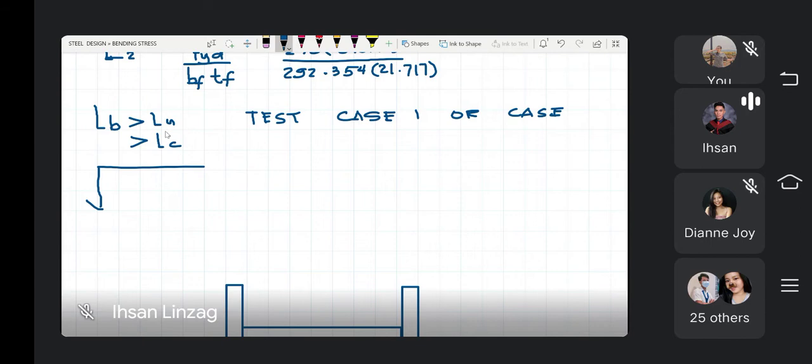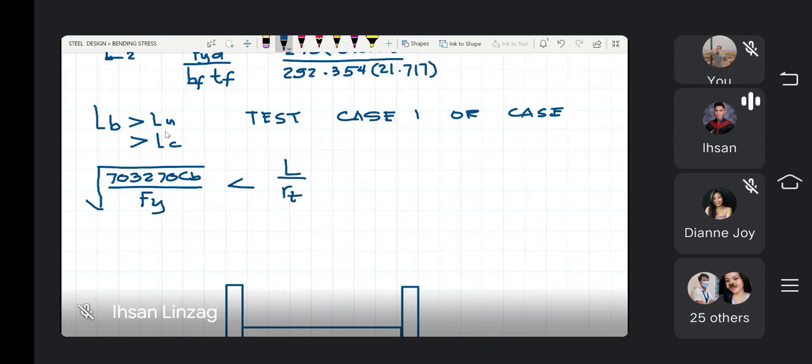Ang value natin is 70327, 327 times CB. Simply supported yung beam natin, kaya ang CB natin is just equal to 1, all over Fy, then less than L all over RT.